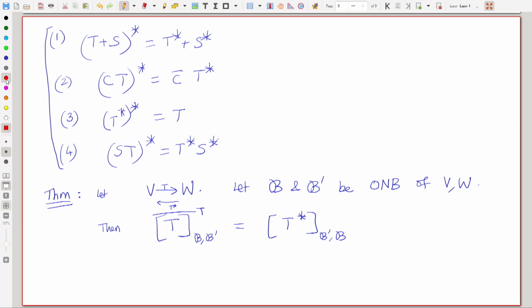So this is finally the relationship between the two notions: the matrix of T star is the conjugate transpose of the matrix of T. Okay, but only if I write both of them with respect to orthonormal bases. If I write them with respect to other bases, then this fact is not true. There won't be any easy relation between their two matrices.